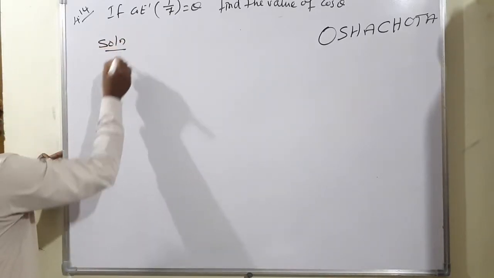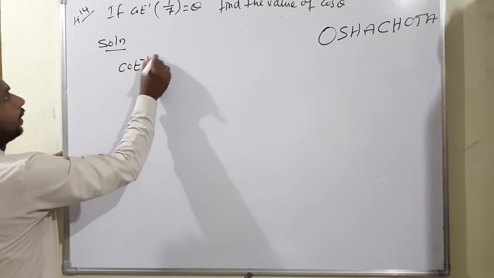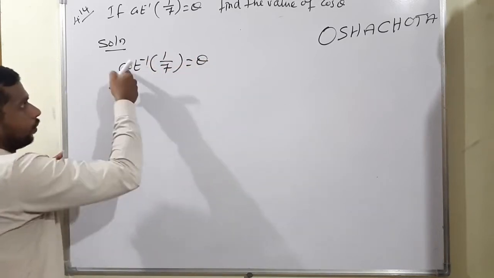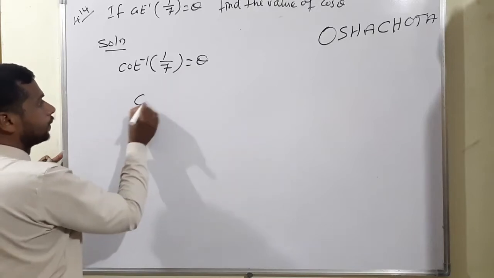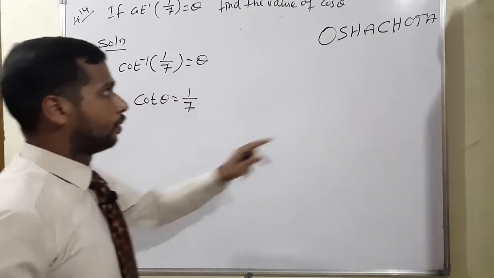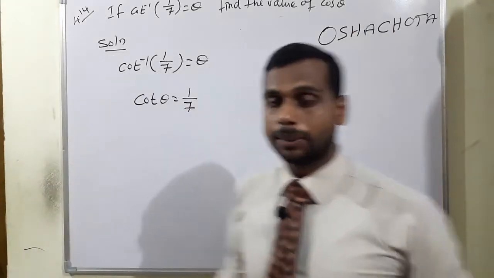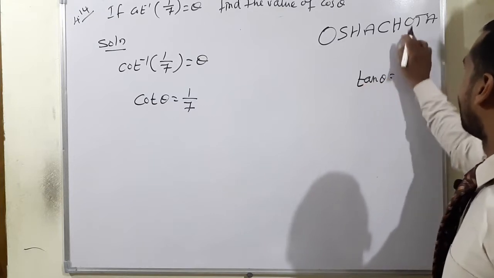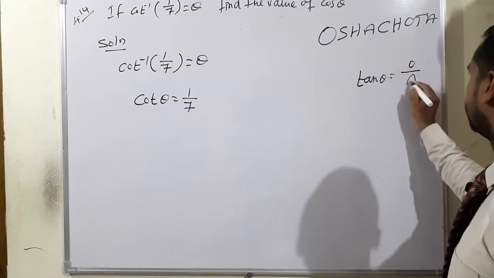Solution: given cot inverse of 1 by 7 is equal to theta. Therefore cot inverse goes to the opposite side, means cot theta is equal to 1 by 7. What is the meaning of cot theta? Reciprocal of tan theta, isn't it? So tan theta is equal to opposite divided by adjacent.